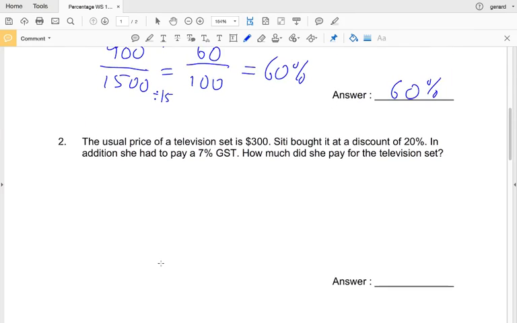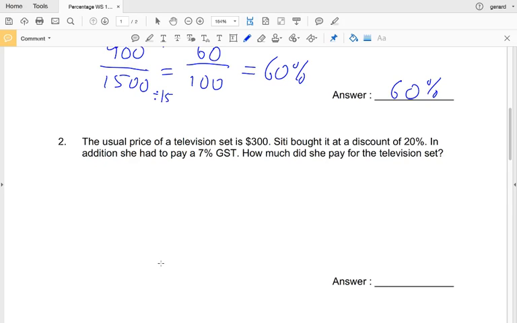Alright, the usual price of a television set is $300. Okay, the usual price of the television set is $300. City bought it at a discount of 20%. In addition, she had to pay a 7% GST. How much did she pay for the television set?